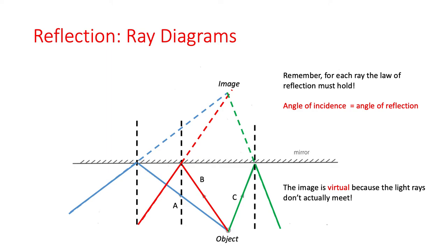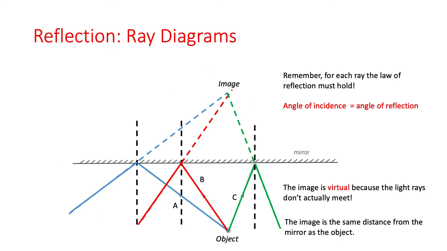There would be no image present. Well, that is called a virtual image. It is an image which is only formed in our mind's eye, as it were. The rays don't actually physically meet one another, and so therefore it is not real. Real being the opposite of virtual.